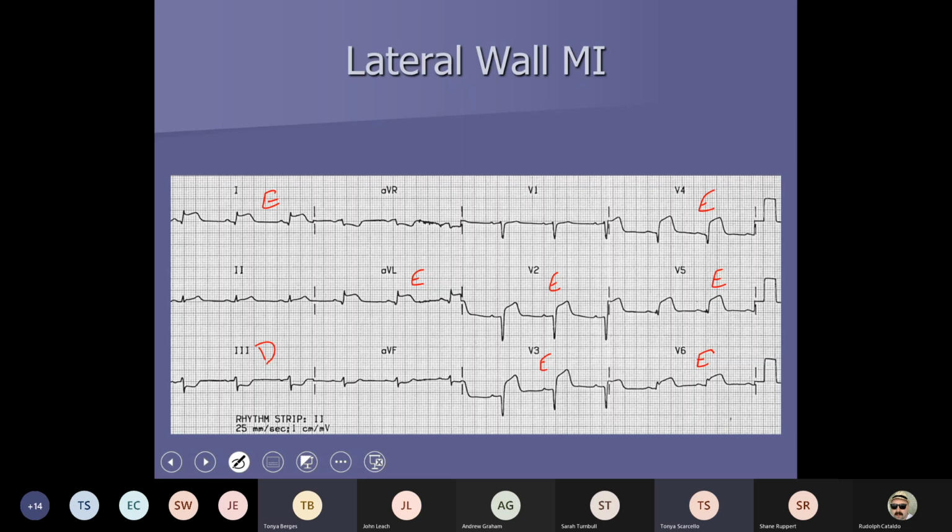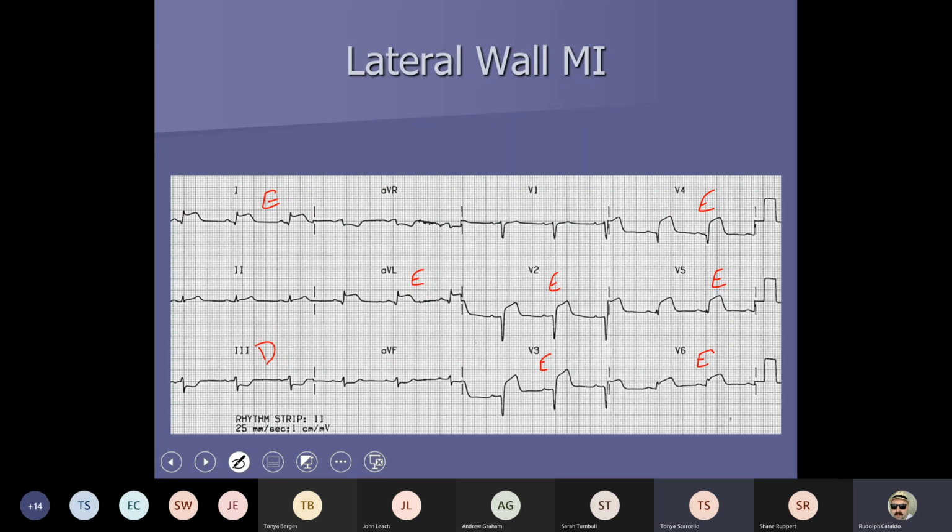The leads that all have E on them, which side of the heart do you think is having a potential infarct? The lateral. And inferior? Nope. Anterior. Okay.